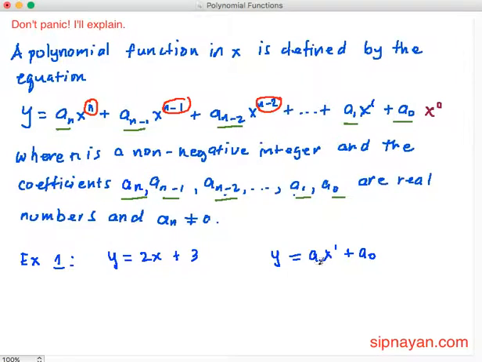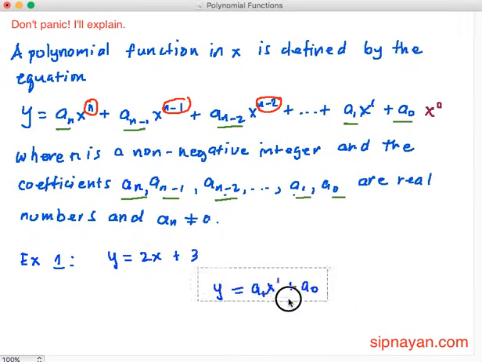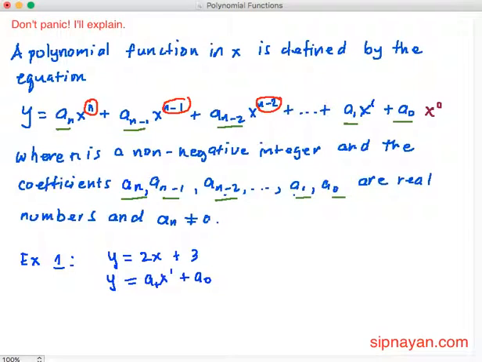So, remember, yung a natin, yan yung coefficient. These are, by the way, the coefficients, real numbers, which are coefficients. So, here, we have a sub 1. Ano ang coefficient ng x, which is a sub 1? 2.